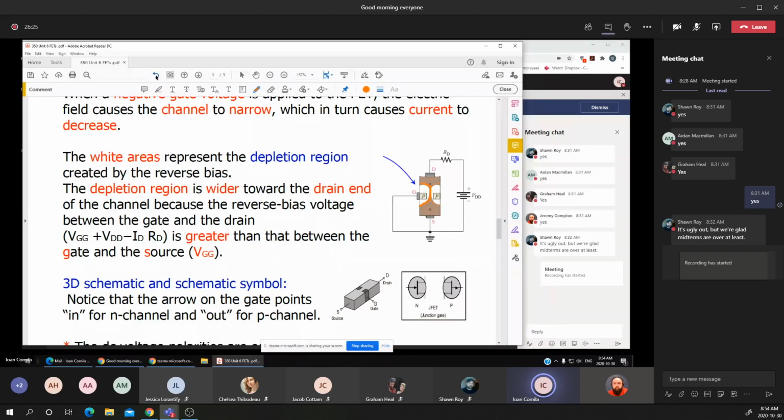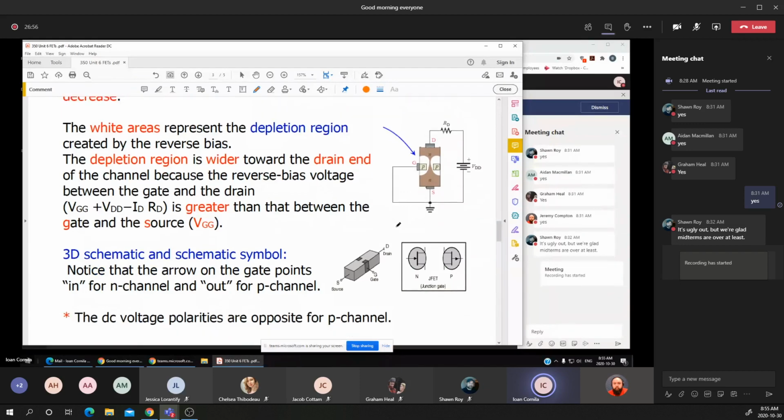And I mentioned that the depletion region is a bit wider and deeper on the upper side of the junction made between the drain and the source, because the potential difference between the gate and the drain is much greater than the voltage between the gate and the source.